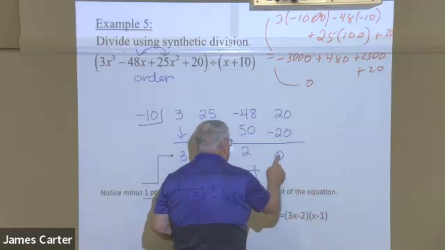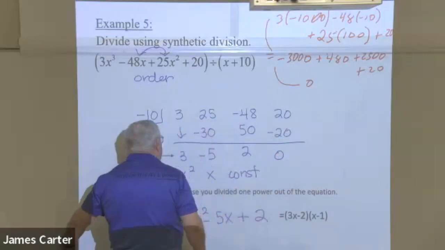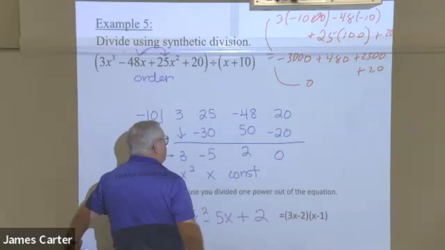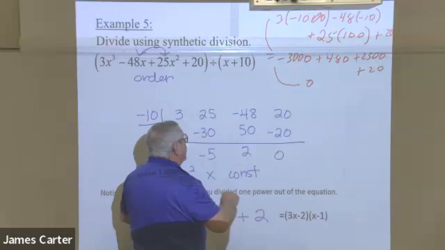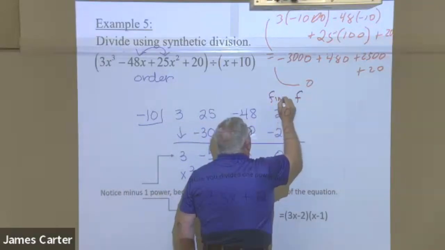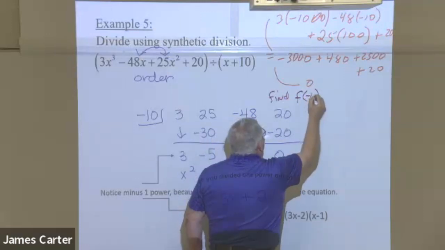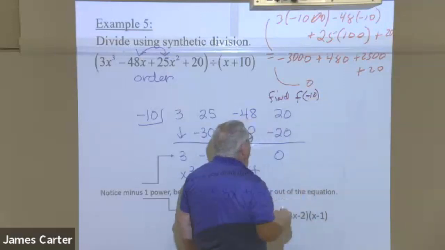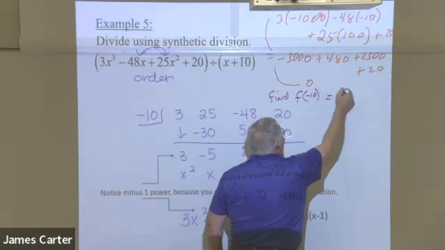So in other words, another way of determining if this is a factor, based on if there is a remainder or not, is we could have said, find f of negative 10 on the equation, which in this case equals 0.